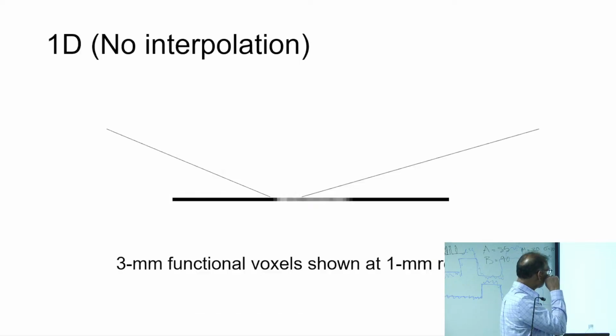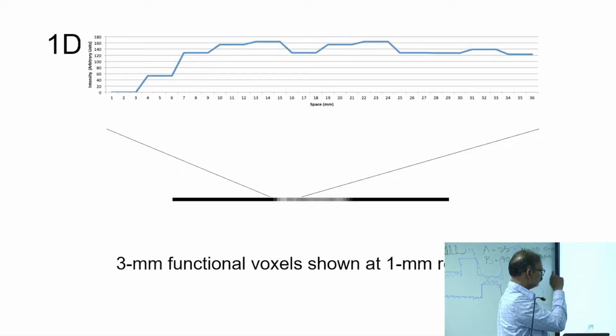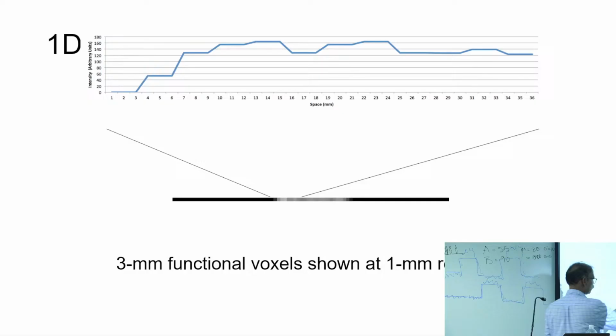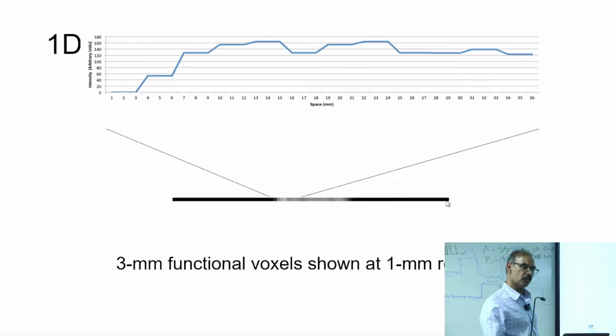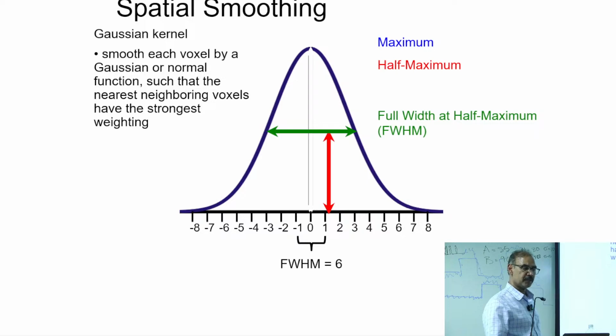So if this is how your voxels look, if you look at the image and you look through one line of the image, let's say this one, and the intensity looks like this, then with smoothing, what is done is you use a Gaussian kernel, right?